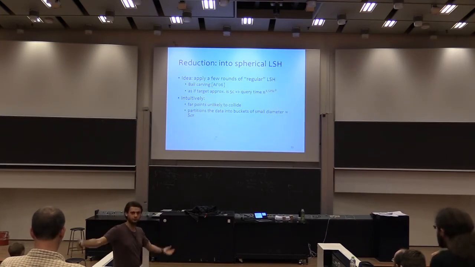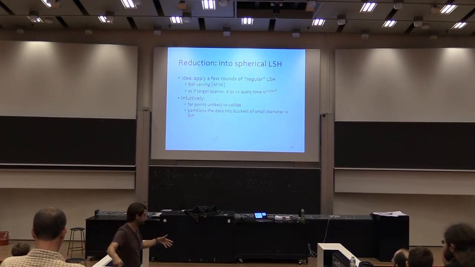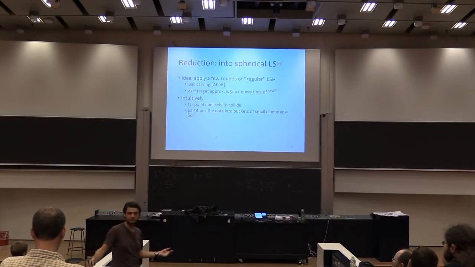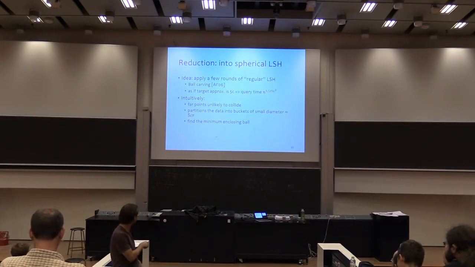But you prepare for a bigger approximation, which means that you apply fewer rounds of this ball carving LSH. LSH says you prepare for approximation 5C, so the points at distance 5CR should not collide. Which is equivalent to saying that my entire data set is partitioned into buckets or parts where the diameter of the point set should be roughly 5CR. And then you take this point set, you find the minimum enclosing ball, and now you are in this situation where you have a ball of radius roughly CR, maybe by a constant factor larger, and then you should be obtaining a rho which is a little bit better than 1 over c squared.